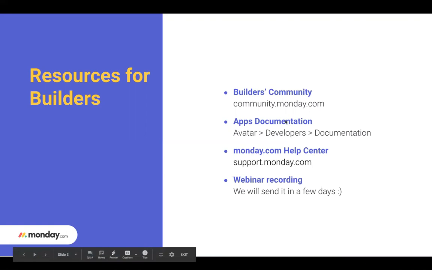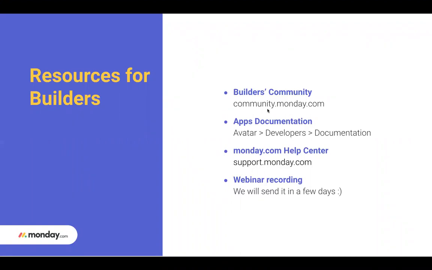Okay, so before I get started, I want to show you a couple of resources that we have built for builders, for folks who are creating apps. Some of you may already be familiar with this. The first place that I would really recommend you check out is the community. That is at community.monday.com. Our community is everything monday.com, but there's also a specific section for developers.